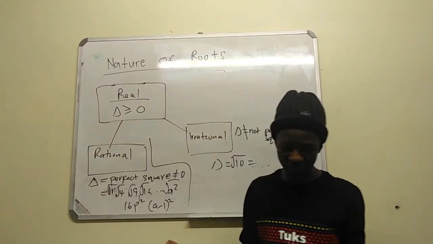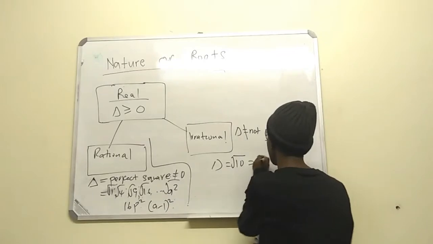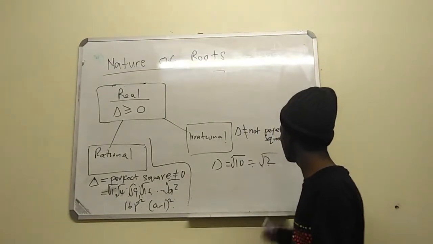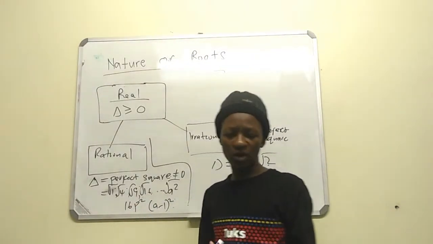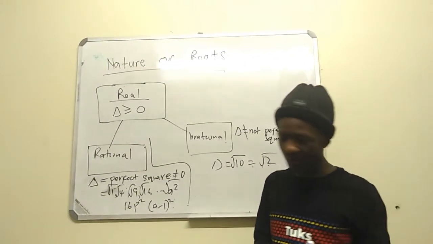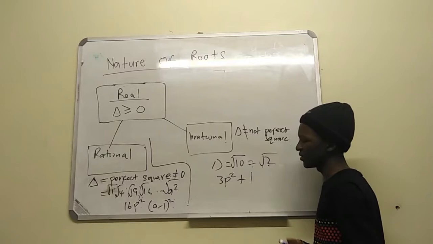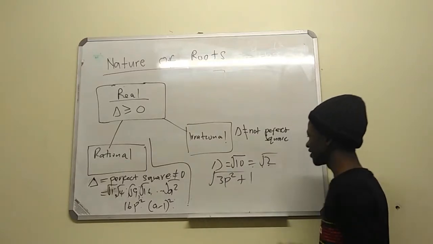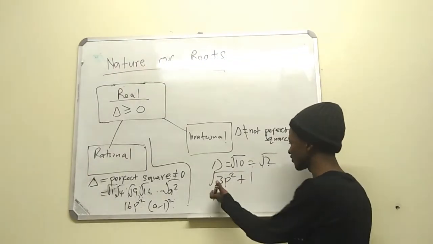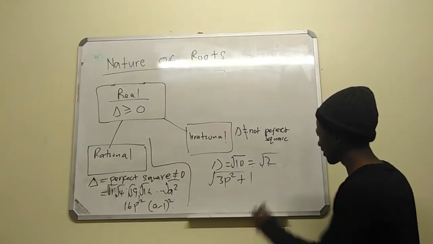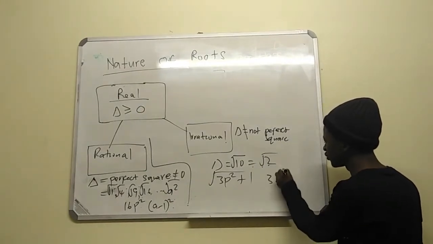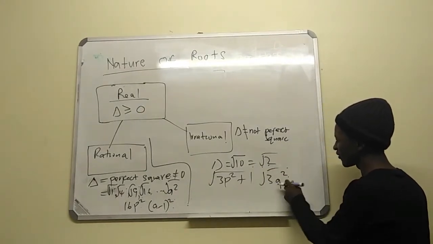Another thing that cannot be a perfect square is 2. When you find the square root of 2, you have to approximate it. And another one is, for example, 3p squared plus 1. If you find the square root of this thing, it's not going to give you anything, so this also is not a perfect square. Or the square root of 3q squared. You don't know the square root of everything like here.